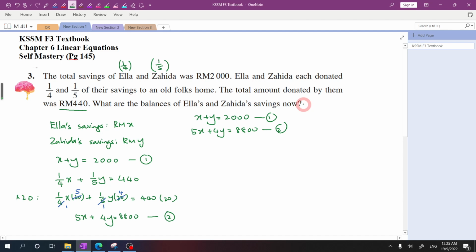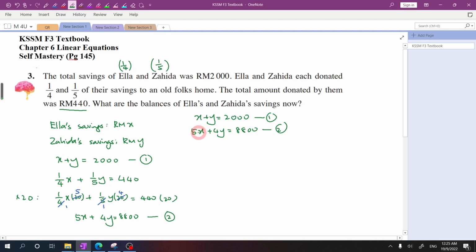But our main purpose is to get rid of one of the unknowns. We only want to see one unknown. So let's say here I'm going to use the elimination method. I'm going to eliminate the x. So if I choose to eliminate the x, I want to change the coefficient of x to become the same.